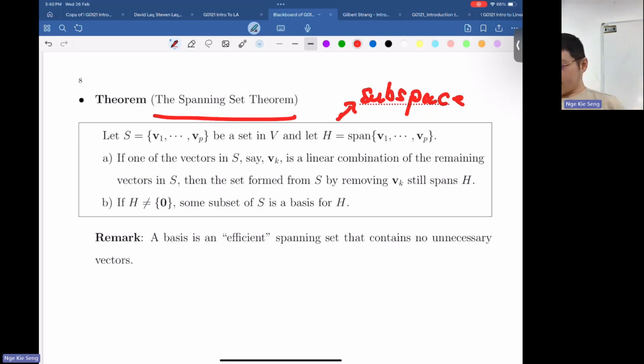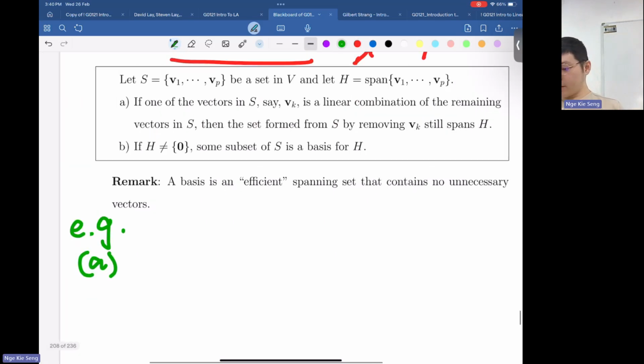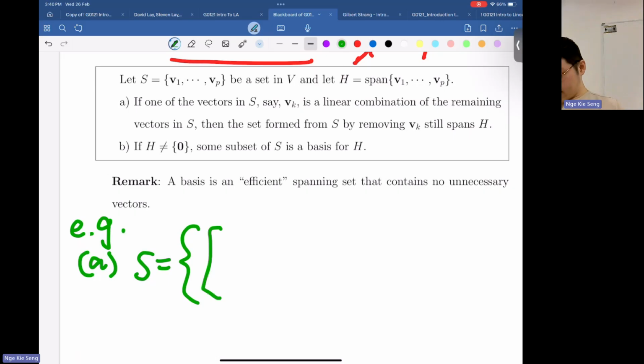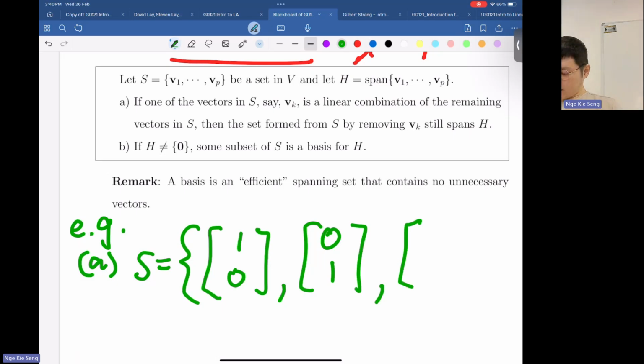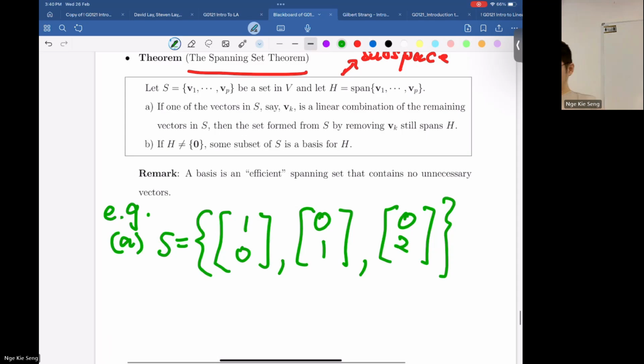Let me give you an example for part A. Let's say X is equal to the set containing (1, 0), (0, 1), and let's say (0, 2). Say one of them is a linear combination of the other vectors. What does it mean here?